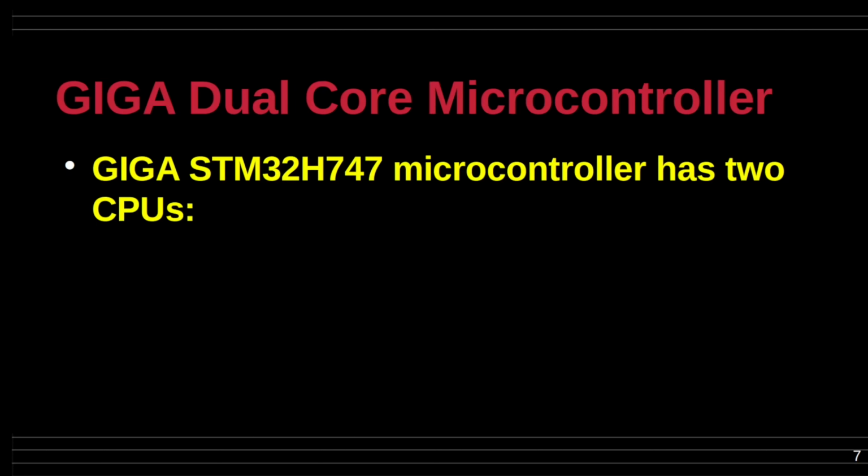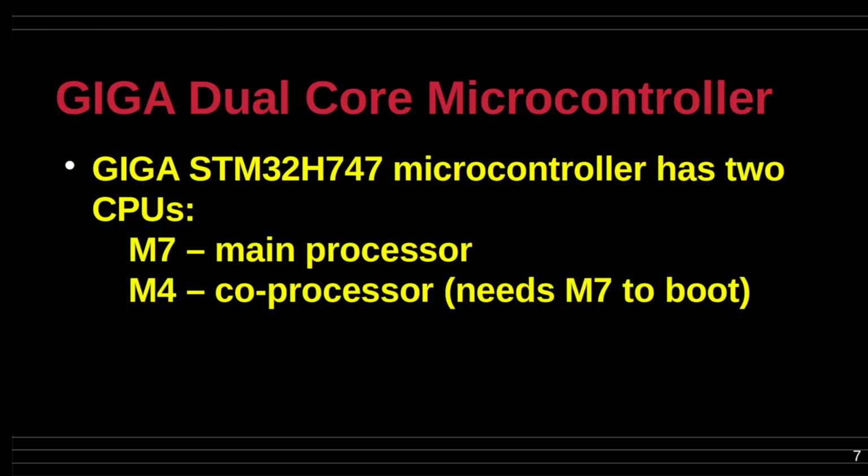One cannot choose which CPU to run MicroPython on the Arduino GIGA R1 WiFi board. MicroPython automatically utilizes the dedicated Cortex-M4 core for its execution.